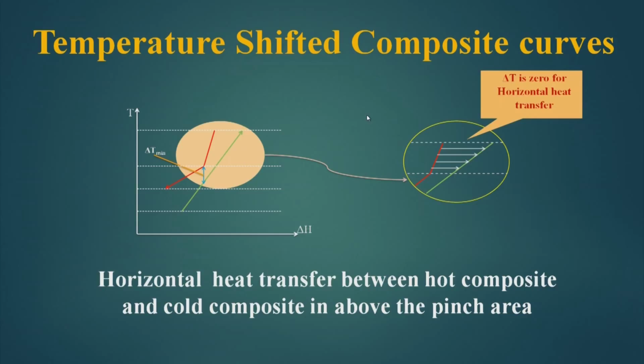If I try to have a horizontal heat transfer from composite hot to composite cold, then the delta T available for this transfer is 0, because I am drawing lines perpendicular to the T axis, and thus the temperature drop for this horizontal heat transfer is 0, and the temperature remains constant during this horizontal heat transfer.